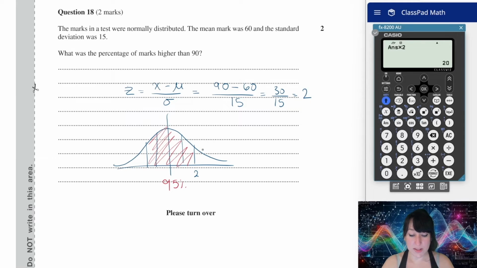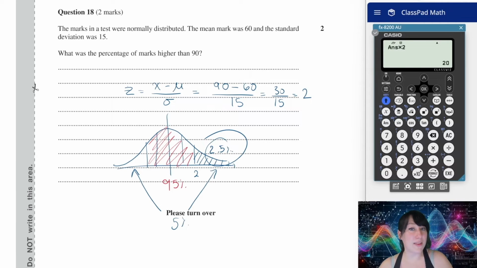And so the percentage that would be above would be half of the percentage that is outside of the 95%. Now, 100% minus 95% is 5%. So in these two tails, we have a total of 5%. It's symmetric, so each of them is half of that. So this would be 2.5%. And that's the answer to the question.